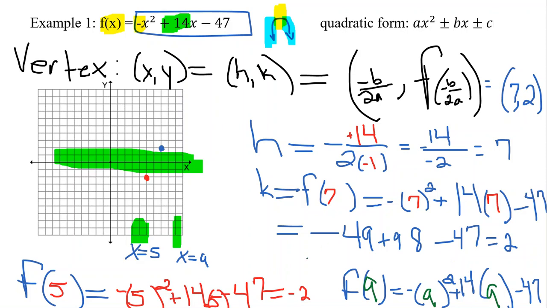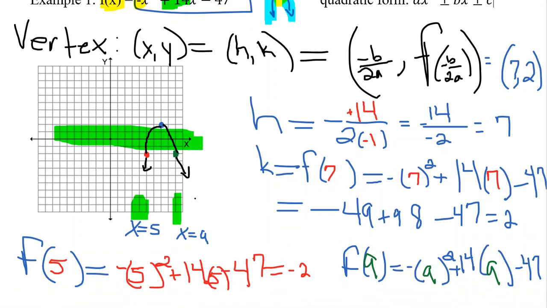I get negative 2 again, so that worked out great. So y is negative 2 when x is 9. Now I can make sure it's curved a little bit, because this is a parabola. My drawing's not perfect, but that's how you graph using the vertex formula.